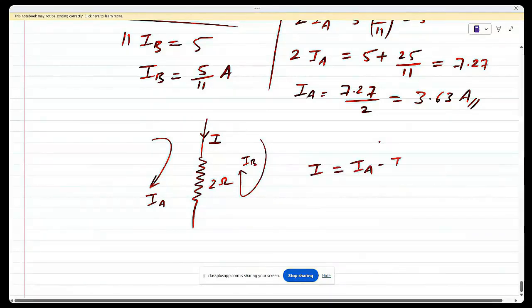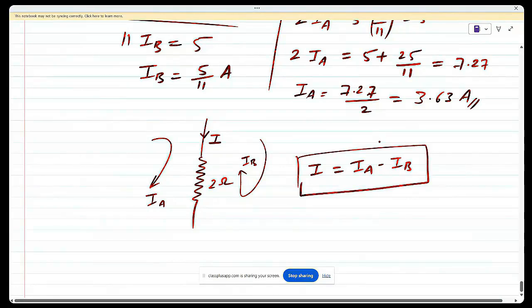This is the relation between IA and IB. IA is flowing through this 2 ohm resistance from up to down, so IA is supporting the direction of I, and IB is flowing through the 2 ohm from down to up. This means IA and IB are opposing each other.